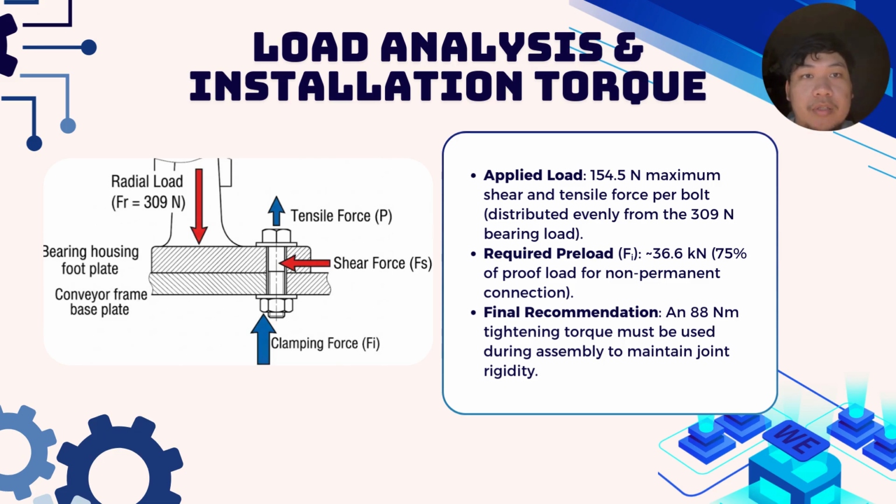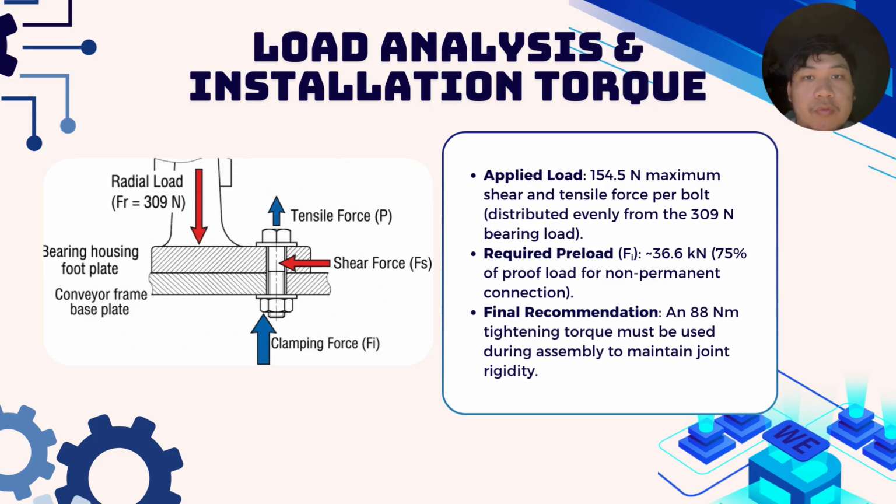Moving on to the load analysis, we took the 309 Newton radial load from the drum and distributed it across the two bolts on the housing, resulting in a maximum external force of 154.5 Newton per bolt. For a non-permanent rigid joint, we targeted a preload of 75% of the bolt proof load, which comes out to roughly 36.6 kN.